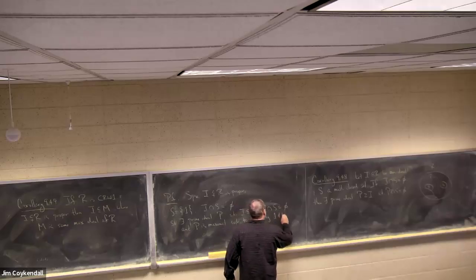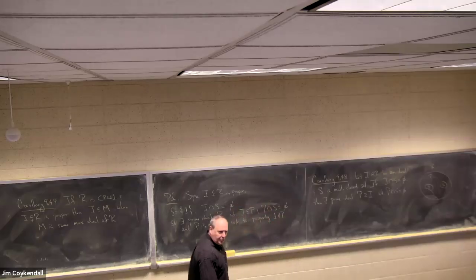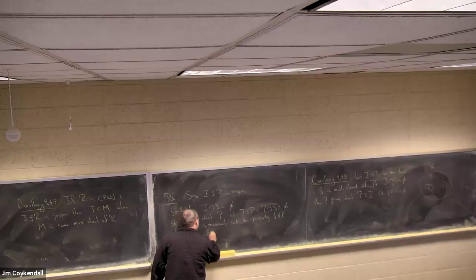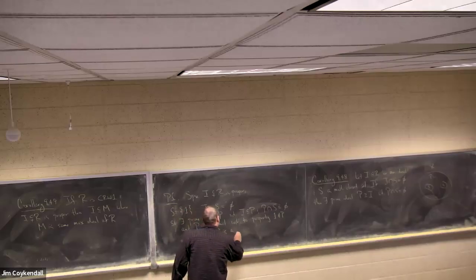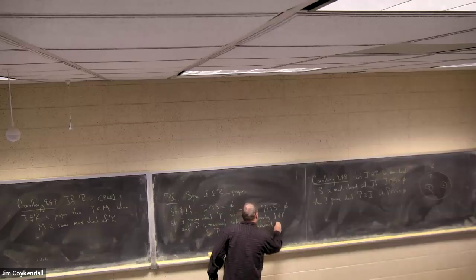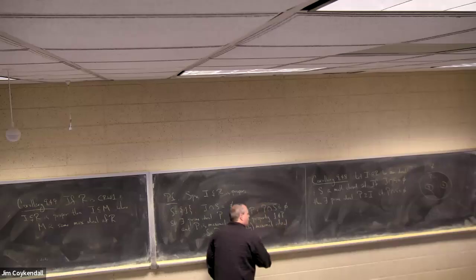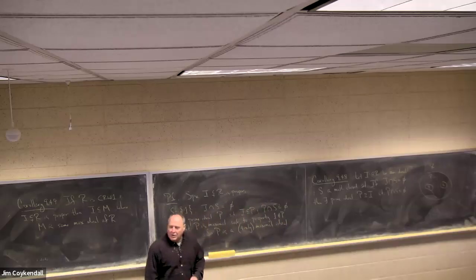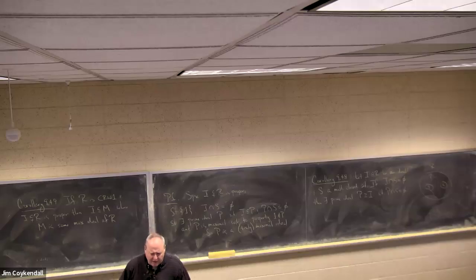One is not in P. So P is an honest to goodness maximal ideal because it's maximal with respect to the property that one is not in there. And any ideal that is maximal with respect to one not being in there has to be a maximal ideal.